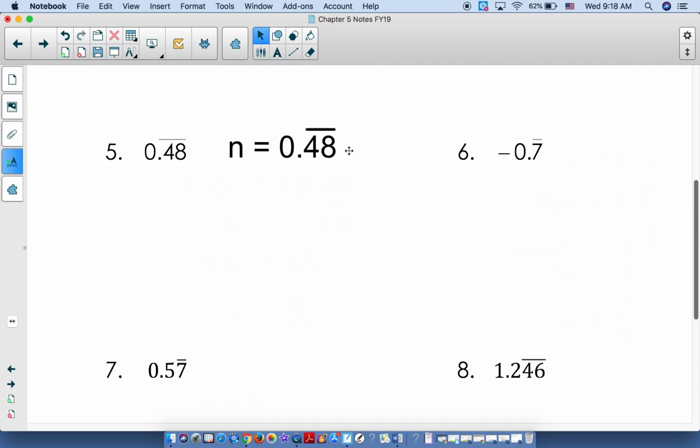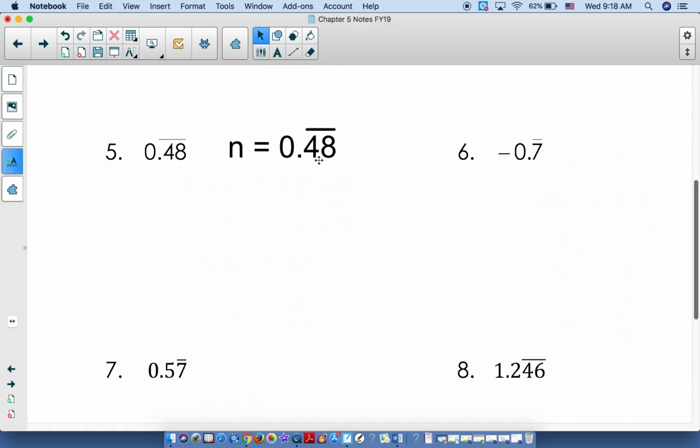So from here, because that's the first thing we do, is we declare what n is going to equal. From here, what I do is I want this 0.48 repeating to become a whole number with the repeating decimal.